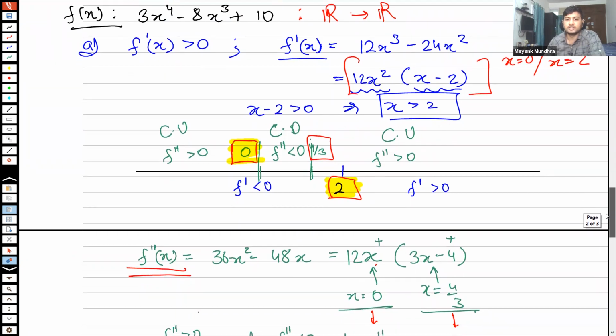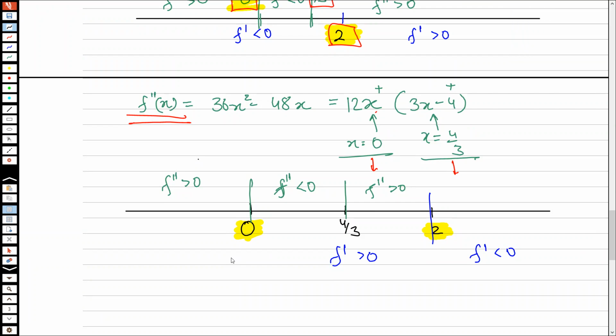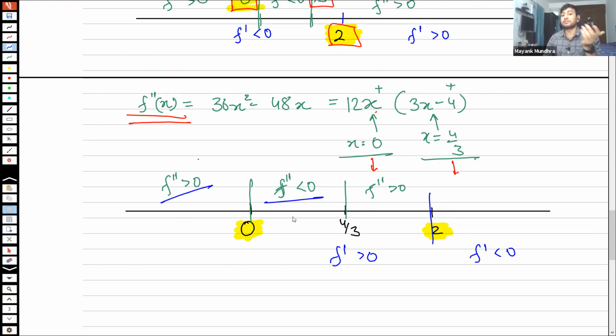So what is 0? Is 0 a maxima, a minima, or a point of inflection? It's the point of inflection. Very good. It's a point of inflection. So it becomes actually clear from here. F double prime is changing its direction around 0, so you don't actually need to look at anything else.